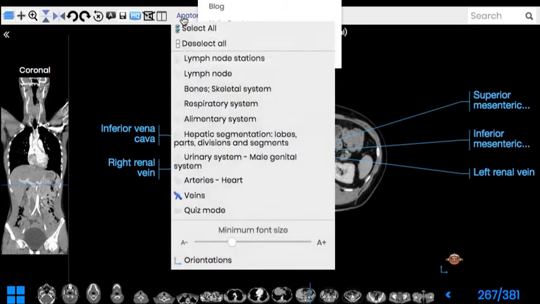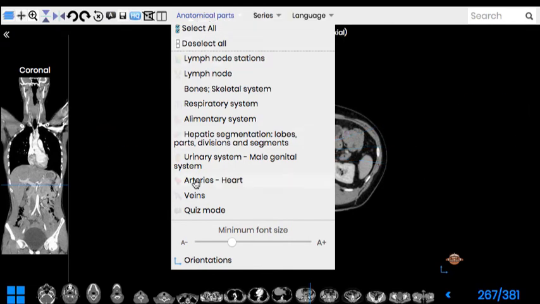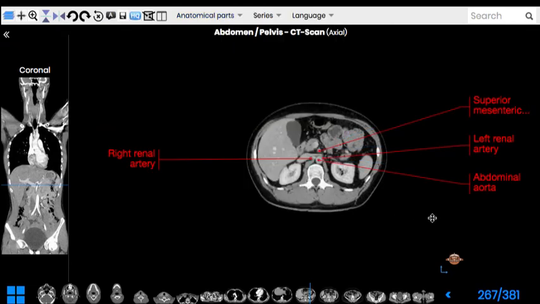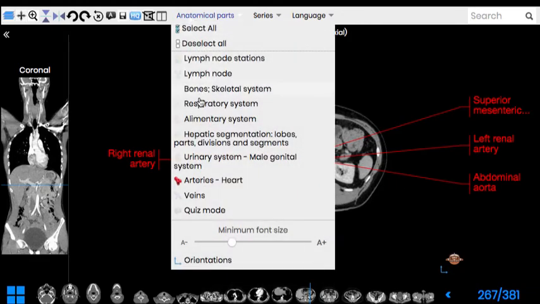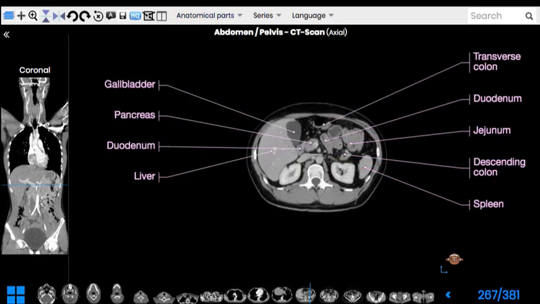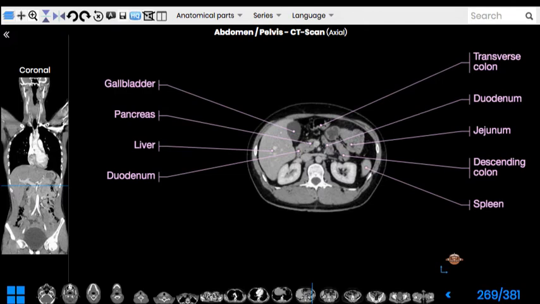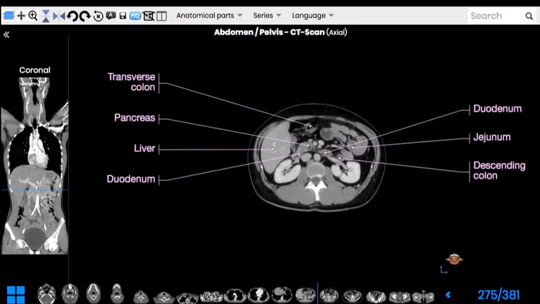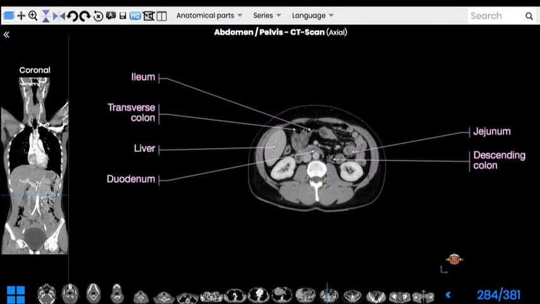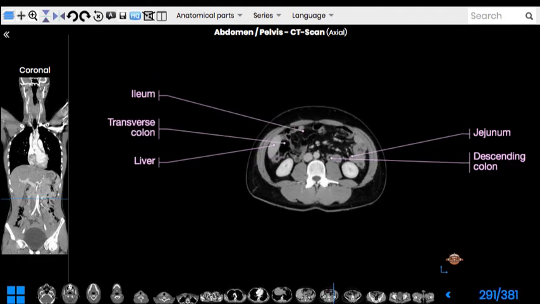Or another example, you can highlight the muscles, or arteries, or even the alimentary system. Let's remove the arteries, the alimentary system is easier. And just scroll up and down and look.